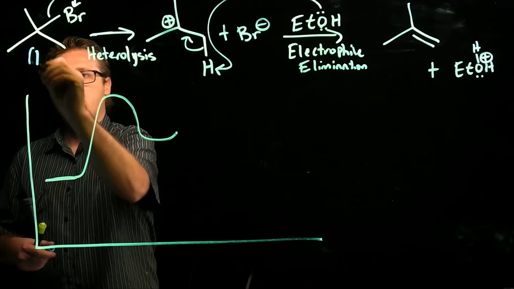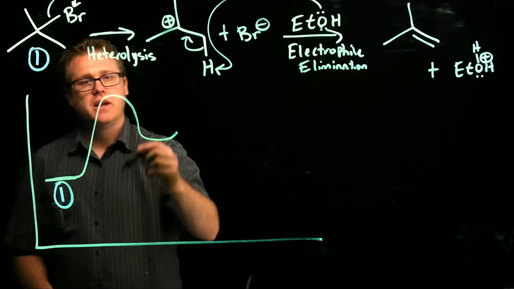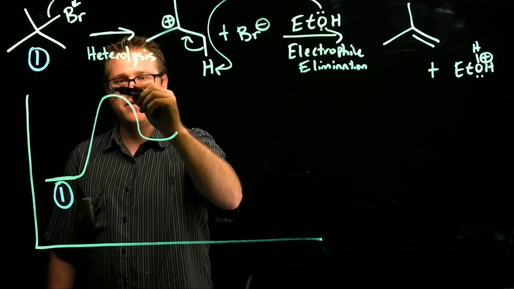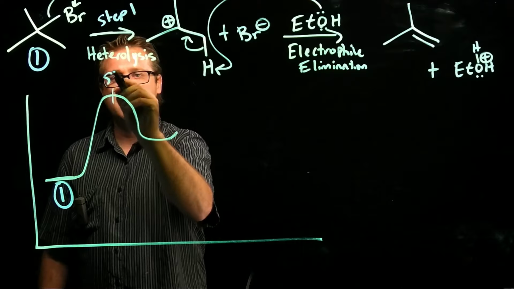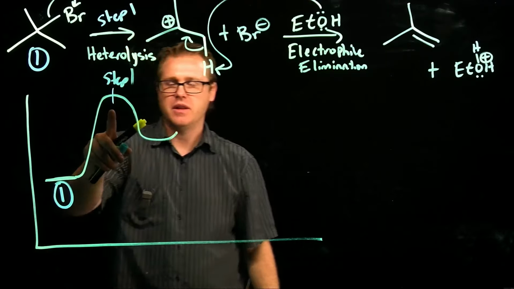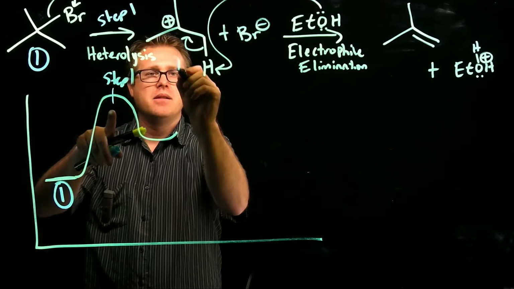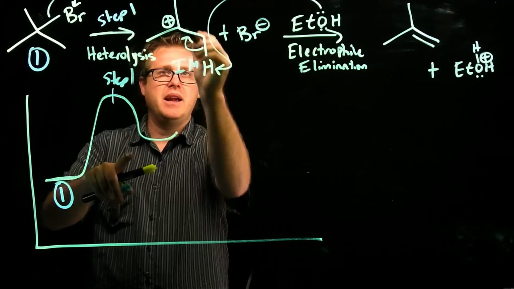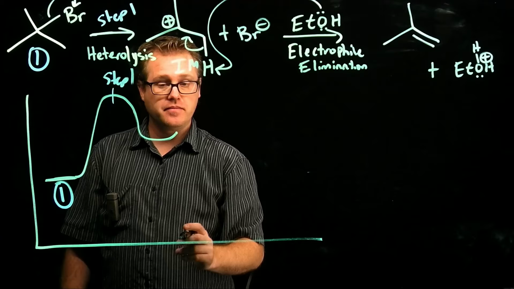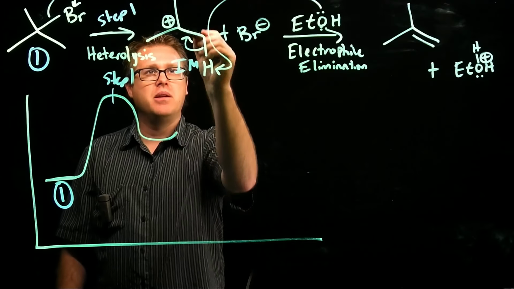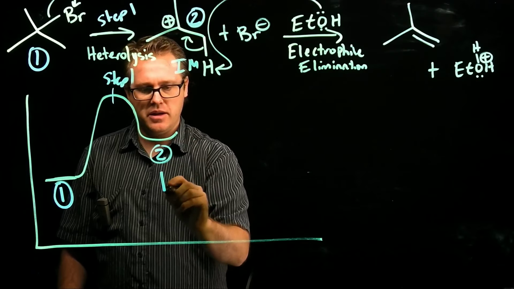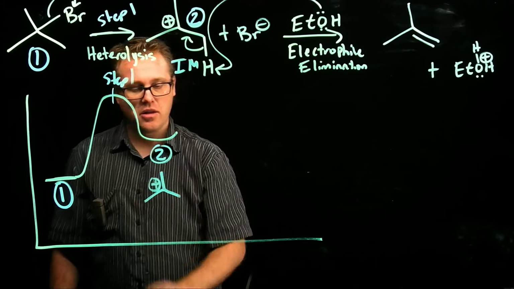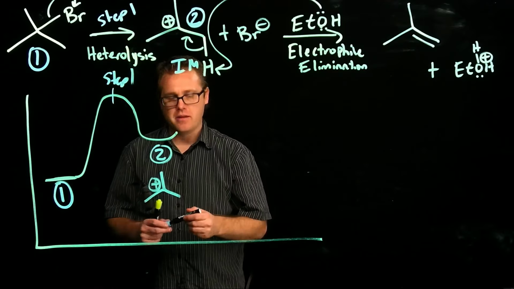So if that's molecule 1, here's our transition state for step 1. So that's step 1 right there. There's a transition state. This is our intermediate, the carbocation. So that could be molecule 2. So the intermediate is just the carbocation.